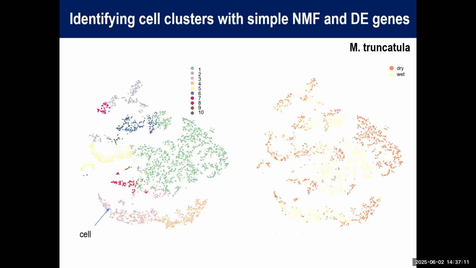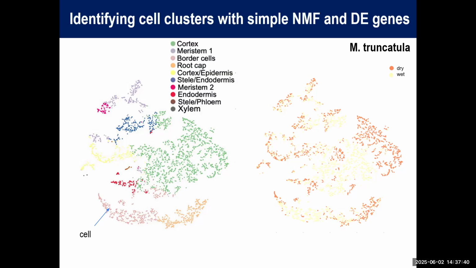Using NMF, from our single nuclei data of Medicago species, this is particularly for Medicago, we identified the different cell clusters. Here we chose K equals 10, so there are 10 different cell types. And this annotation just shows dry and wet samples. Since mucilage is only produced in the wet sample, dry is basically a control.